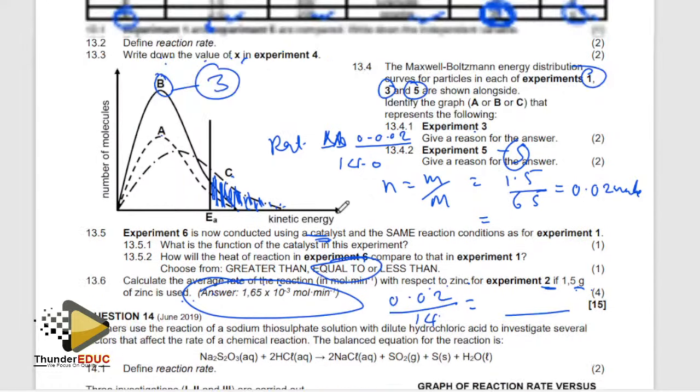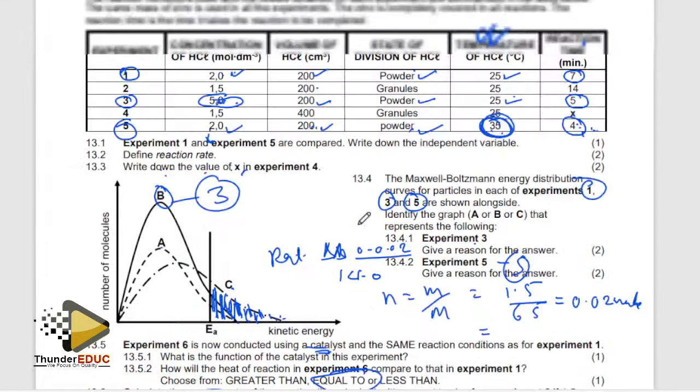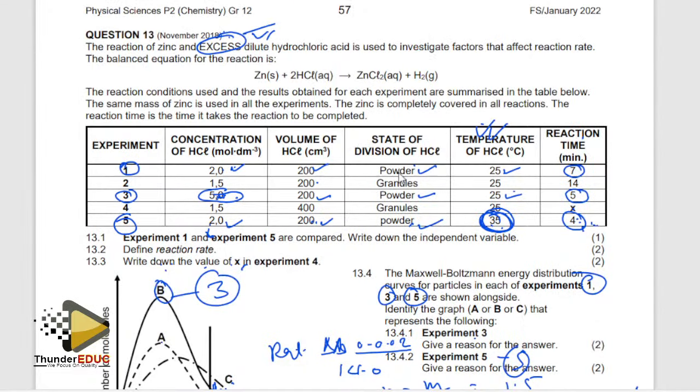So guys, basically in this topic, make sure that you know when they bring the powder, the reaction is very fast. When they bring granules, the one which has the powder has a faster rate compared to the granule. When they bring a high temperature, the one which has a high temperature is faster than the one which has a lower temperature.